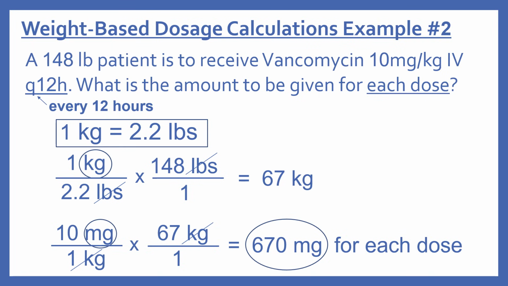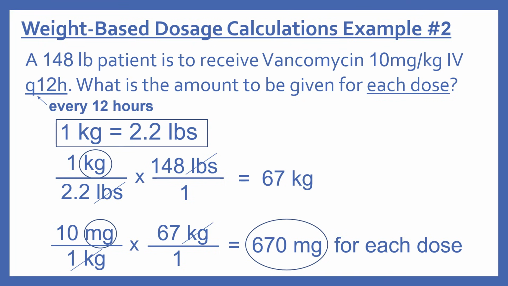So we have 1 kilogram equals 2.2 pounds, so we have to figure out how much the patient weighs in kilograms first. So 1 kilogram per 2.2 pounds times 148 pounds over 1. So 1 times 148 is 148 divided by 2.2 is 67 kilograms. So that's the patient's weight in kilograms.